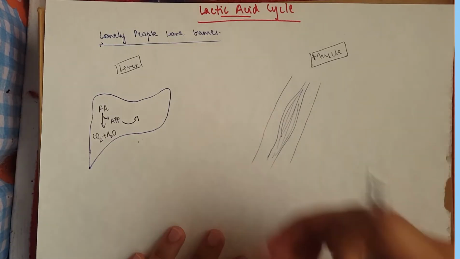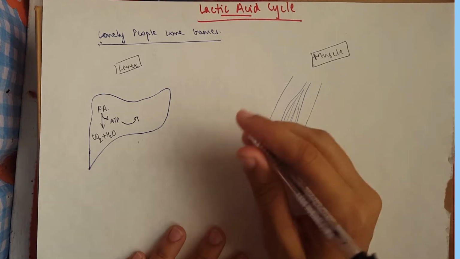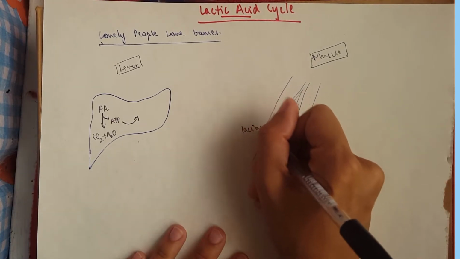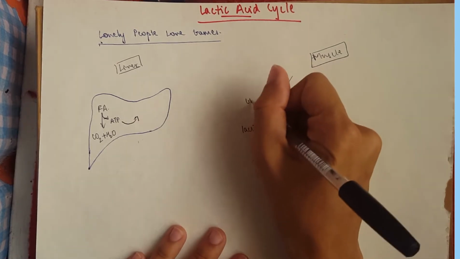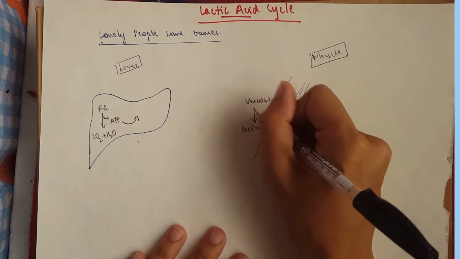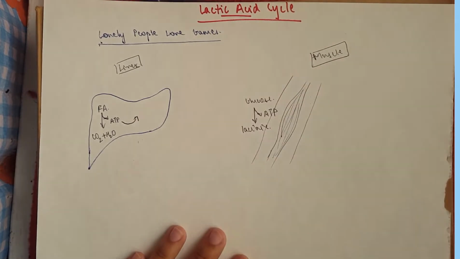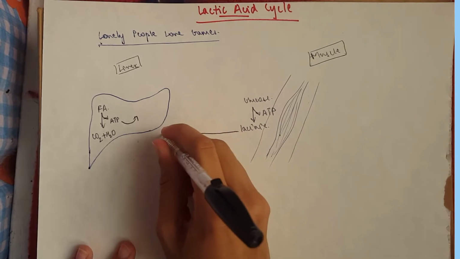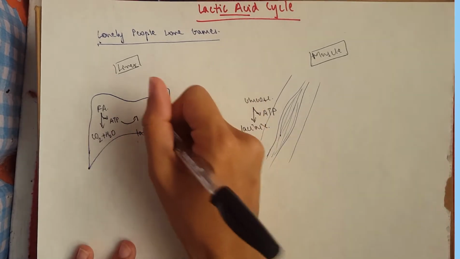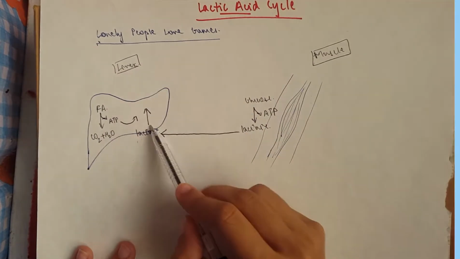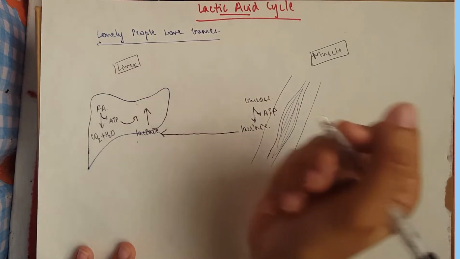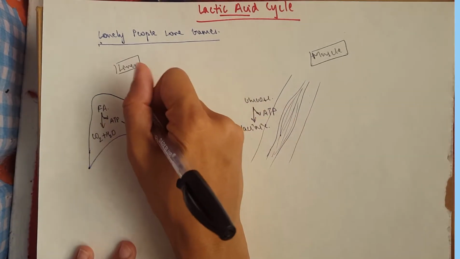First, because the muscles are having a lot of activity, they release lactate. So we have lactate over here. They use glucose, breaking it down to lactate, and they release ATP, of course. So this lactate goes to the liver, where it's converted to pyruvate by lactate dehydrogenase. I'll write it here: pyruvate.